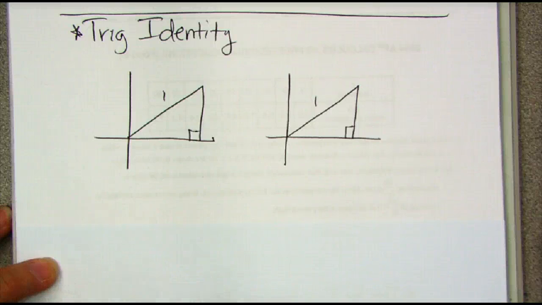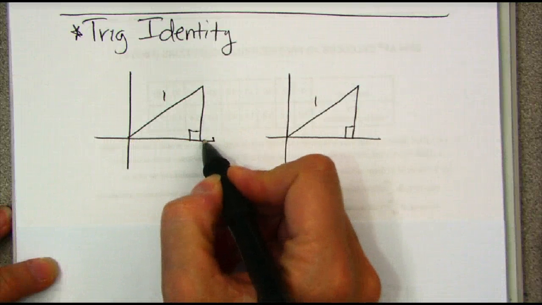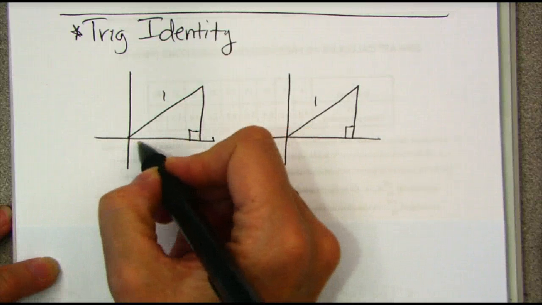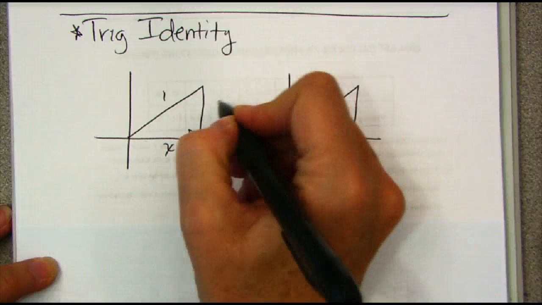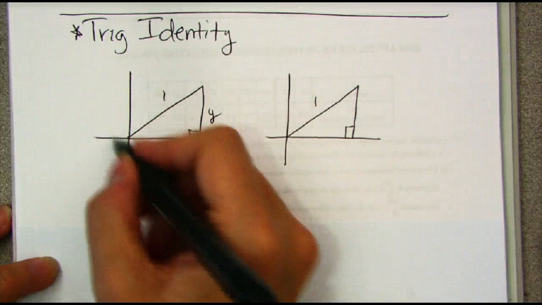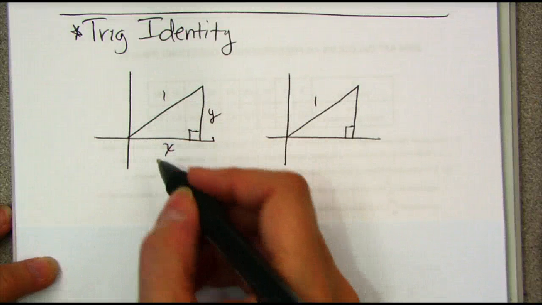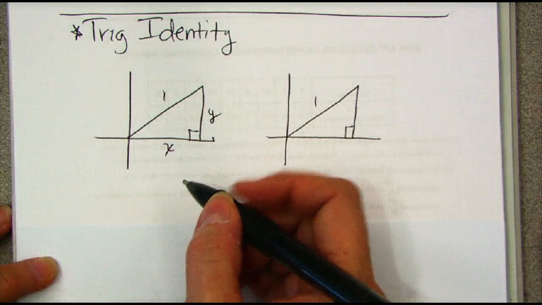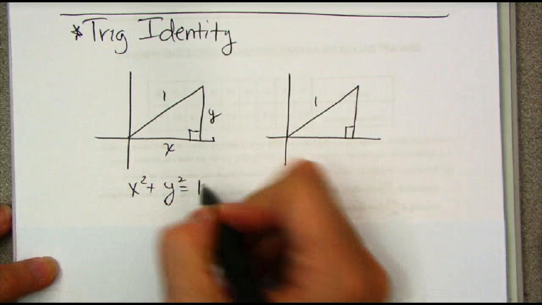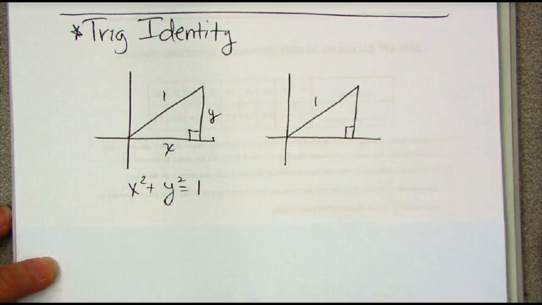So this distance is called what? I mean, just x, right? Then this one's called what? Y. And what kind of a formula did you use in geometry that I could use on this? Pythagorean Theorem. So that's x squared plus y squared equals 1 squared, which is 1. In fact, that's the equation of a circle centered at 0, 0 with a radius of 1.